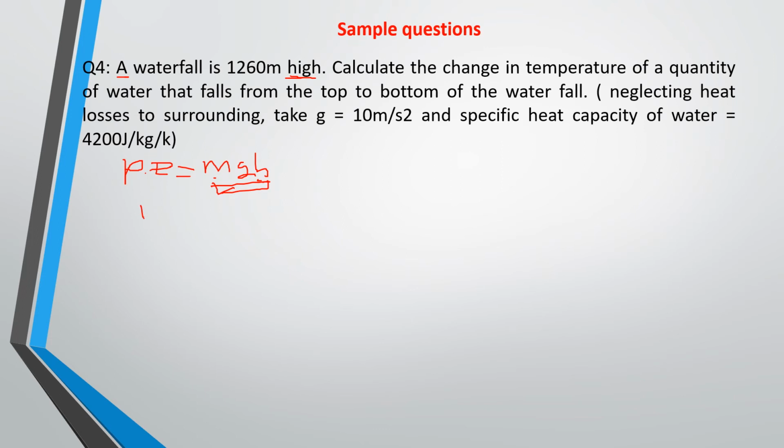Which means that mgh is equal to the quantity of heat, which is mc theta. So what we are looking for is the change in temperature. Now from what we are given, we have that the height is equal to 1260 meters.